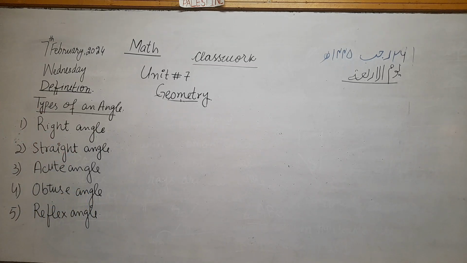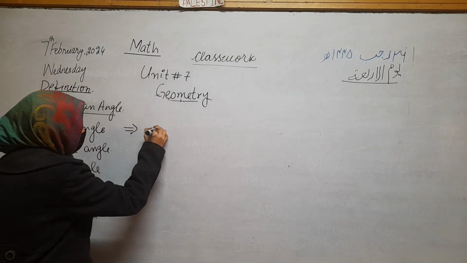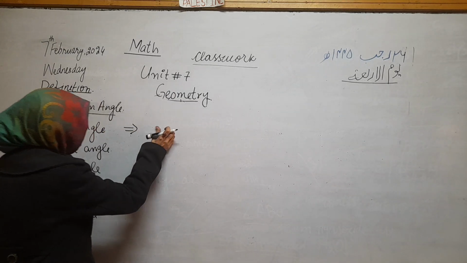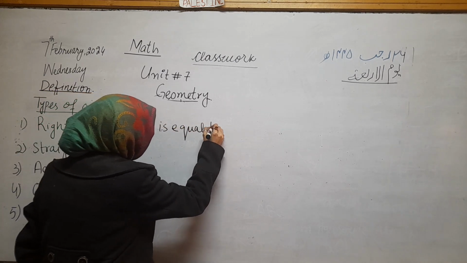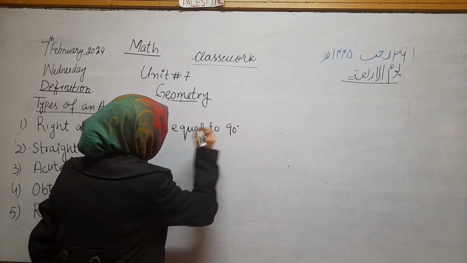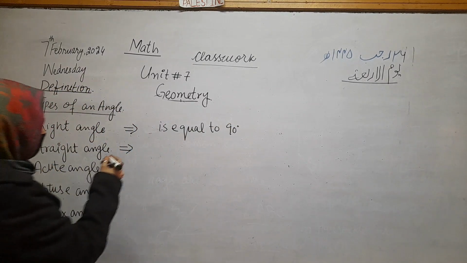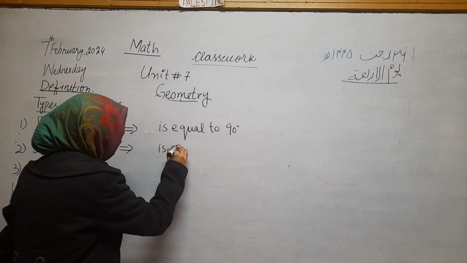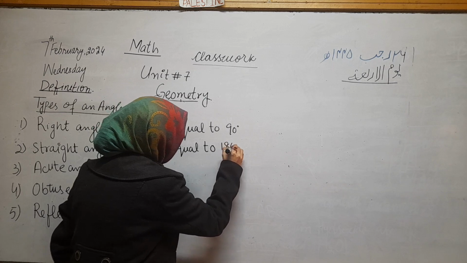Tell me class, what is right angle? We have already discussed in our class. Good. A right angle is equal to 90 degree. And the straight angle is equal to 180 degree.